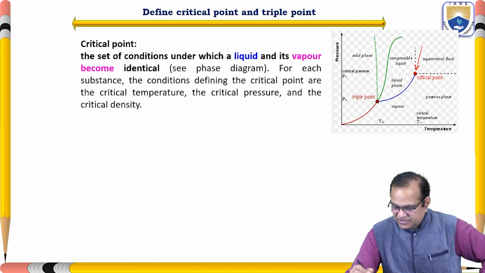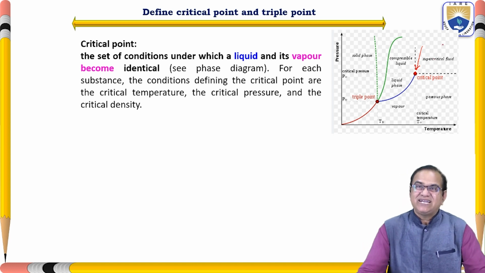This point here, if you go towards the left, you will get the liquid. If you go towards the right, you will get the vapor. So liquid and vapor will be joining. That is called the critical point.